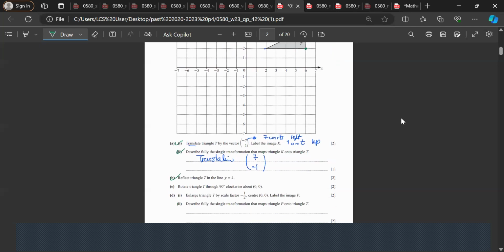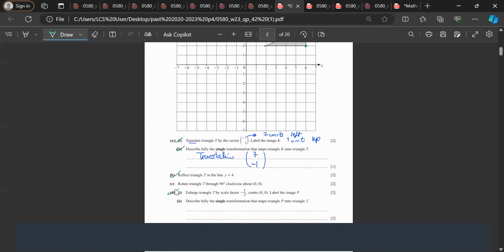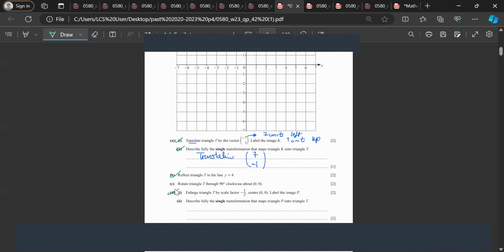Okay, next question. Enlarge the triangle T by scale factor -1/2, with the center (0, 0). Look here. The enlargement with a scale factor will be done by the compass or the ruler.